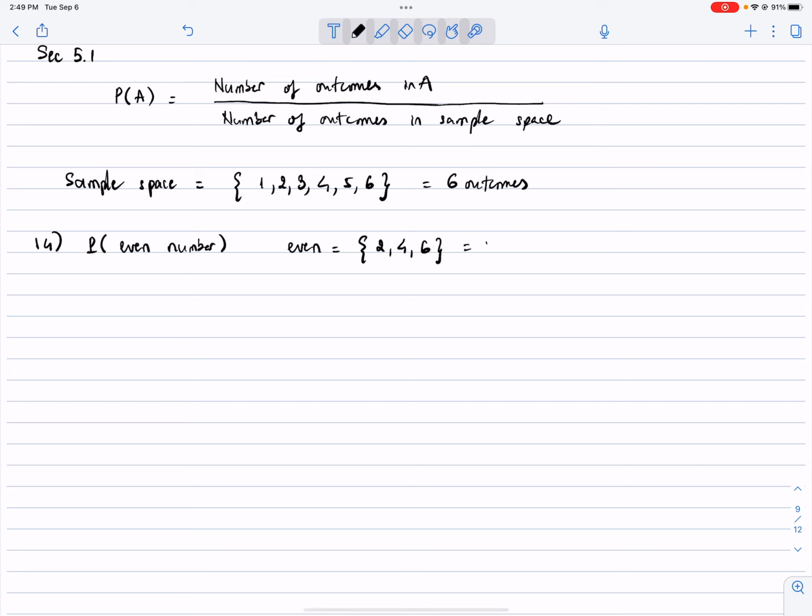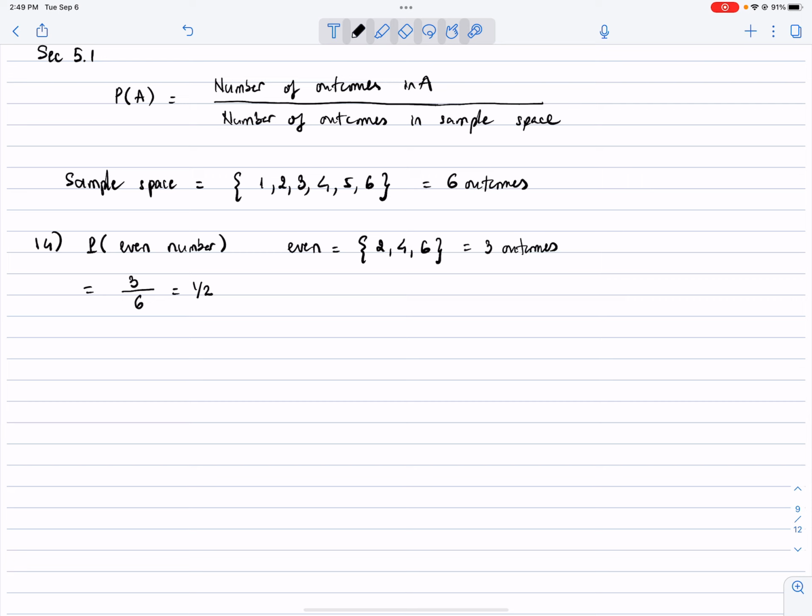So there are 3 outcomes. So apply the formula. The probability of even numbers will be the number of the outcomes in the event, which is 3, divided by the number in the sample space, which is 6, and that is 1/2.